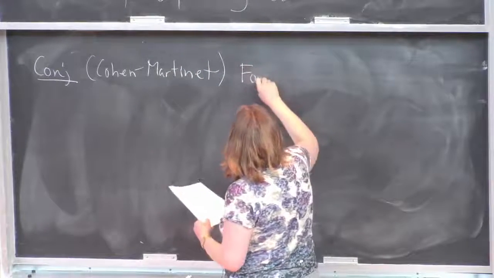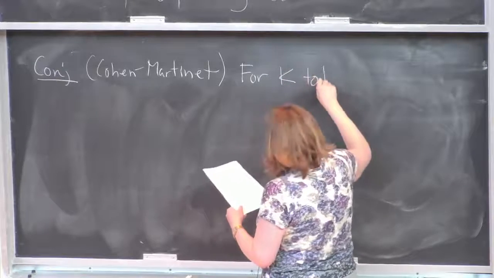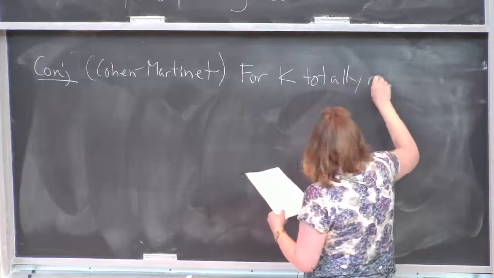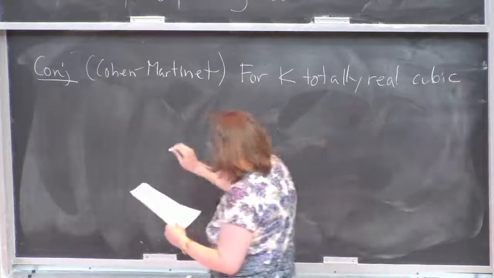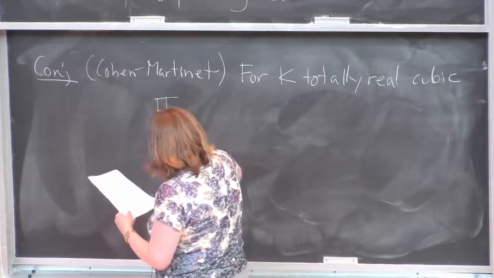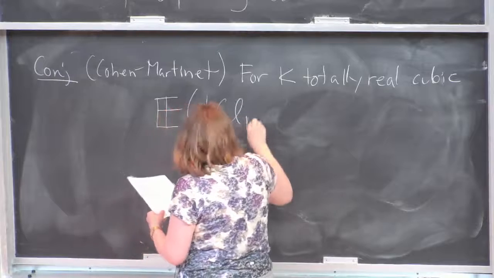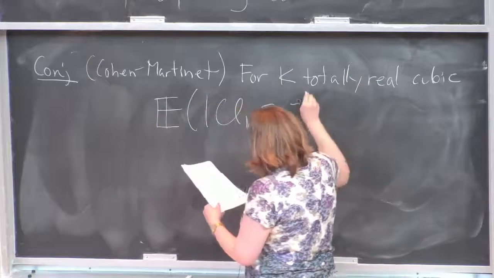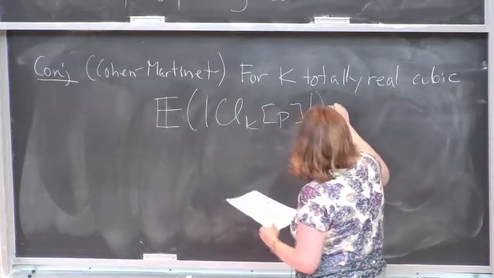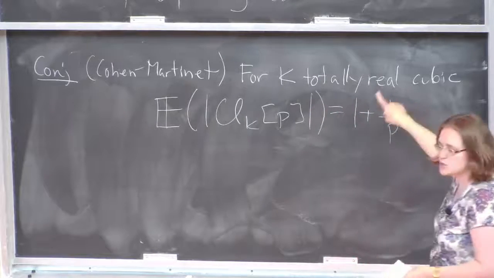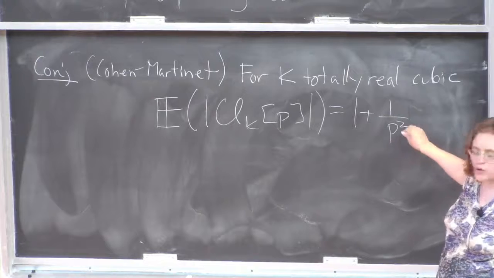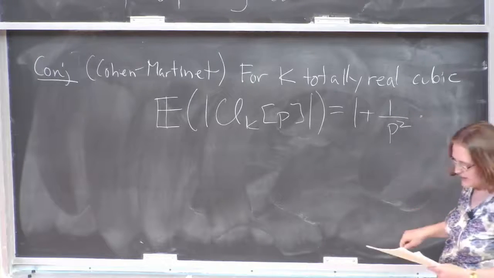For k totally real cubic, they thought that the average size of the p-torsion should be 1 plus 1 over p squared. So again, this is a sort of uniform description, this polynomial in 1 over p.